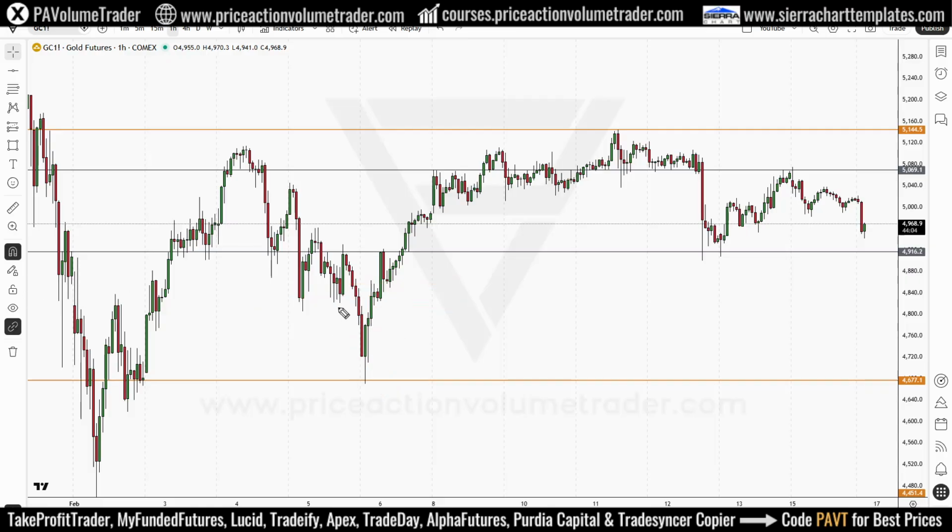Okay, so this is a classic example of a break below support resistance for a reclaim. And if you look at the images that I have from the volume profile, you'll see that we have a nice high volume node right here.